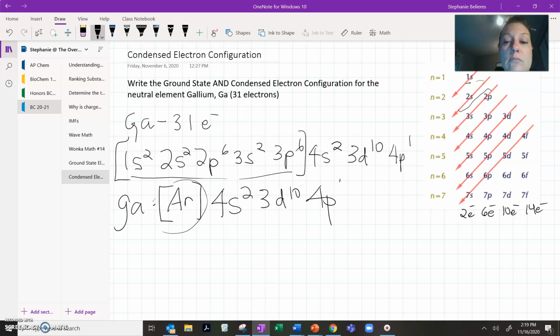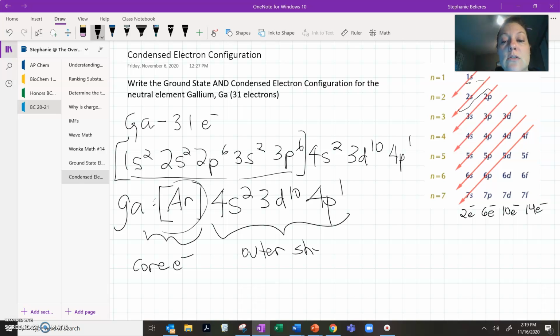Okay. These are called core electrons, and these are outer shell. Here's the trick though, and especially for something like gallium, which has d electrons in d orbitals, not all of these are valence electrons.